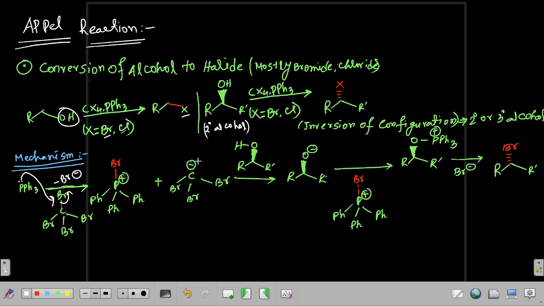This carbon tribromide anion will abstract the proton from the alcohol and it leads to the formation of the alkoxide ion, and this alkoxide ion will attack on this phosphonium ion and it leads to the removal of this bromide ion.